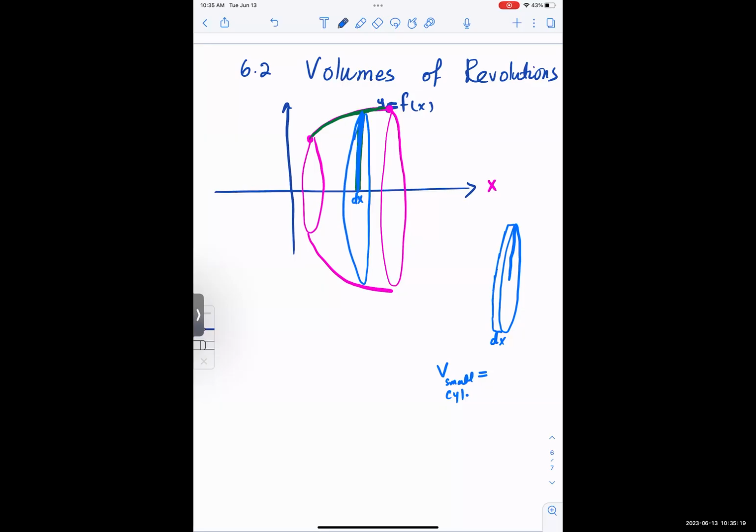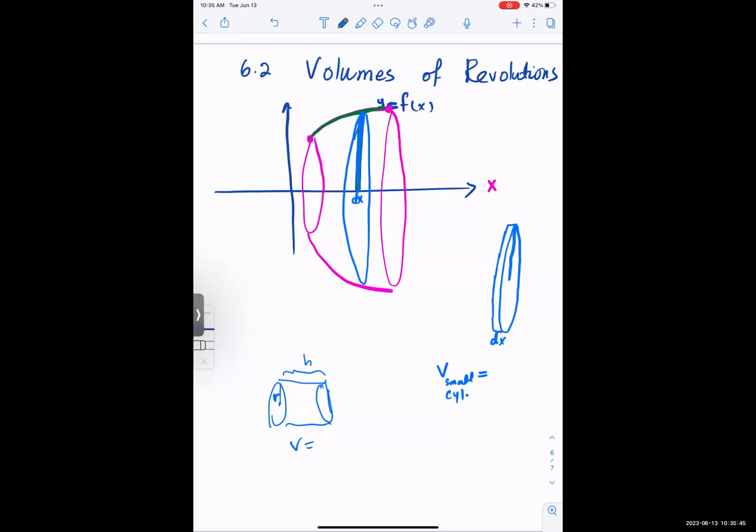So tell me, in order to find the volume of a cylinder, what do I need to know? What is the volume of a cylinder? If I had a cylinder and this was R and this was the height, what would have been the volume of this cylinder? Does anyone know?